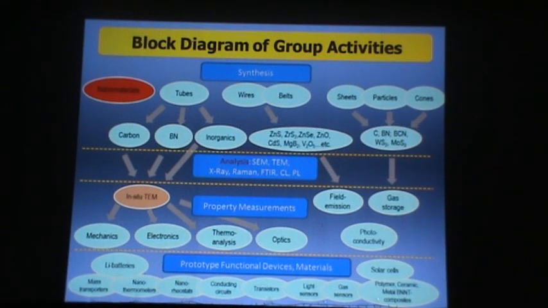And lastly, we try to prepare different prototypes of functional devices, because you know that Japan suffers from energy problems these days, and we try to make different energy-related devices, something like lithium batteries, nanorheostats, conducting circuits, transistors, light sensors, gas sensors, and solar cells. And we try to get some funding from different Japanese companies and to entertain these companies to use our developments.